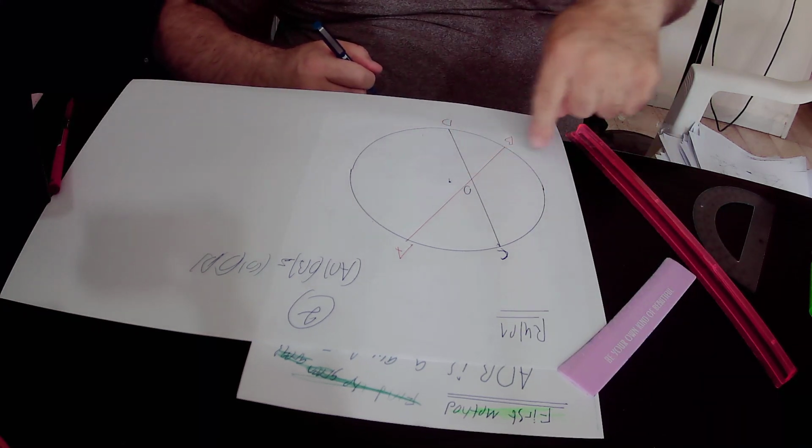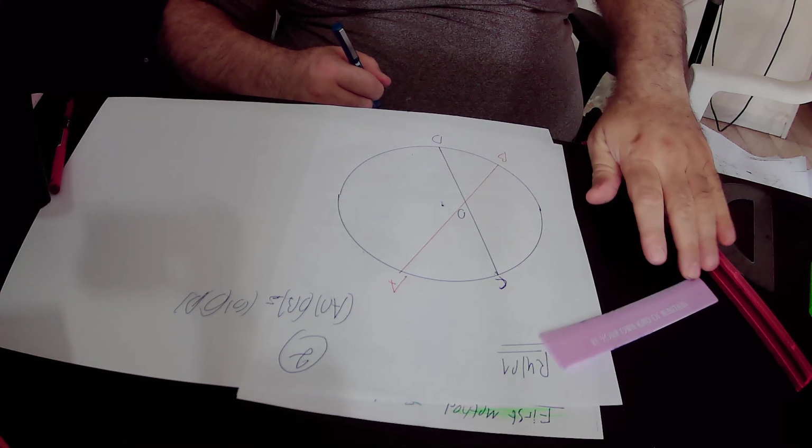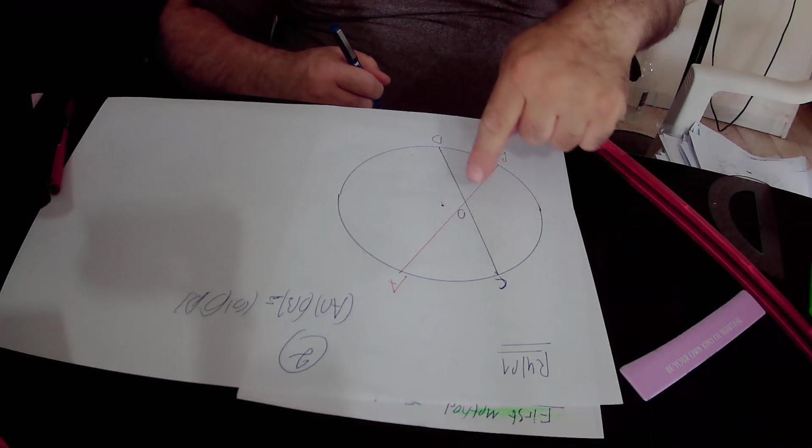Again, chord AB intersects with chord CD at point O. Therefore, according to rule number 1, AO times OB equals CO times OD.